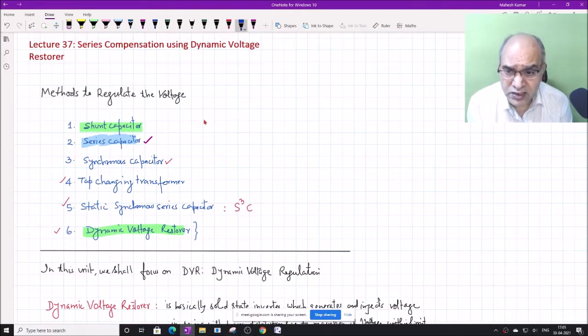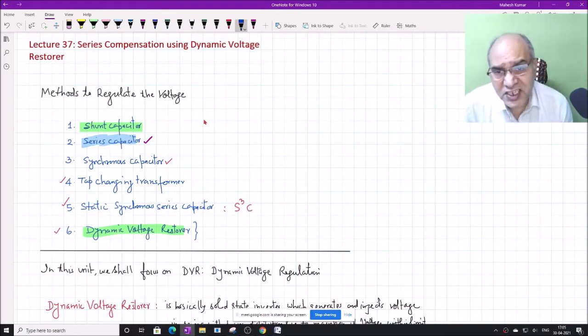They are also using this, but the dynamic response of DVR is quite fast as compared to the others like SSSC or synchronous condenser, because the power handling capacity is slightly less than the SSSC. SSSC is normally used for transmission systems and DVR is used for distribution systems. Therefore, the frequency response or switching speed of the devices is far more than SSSC.